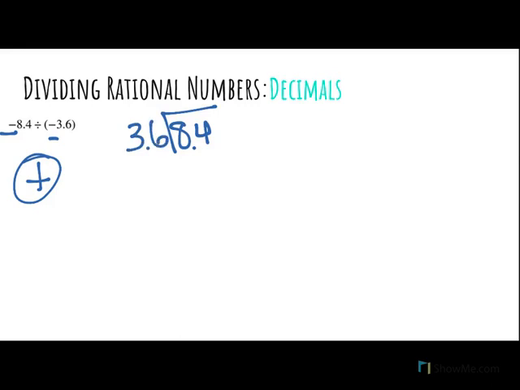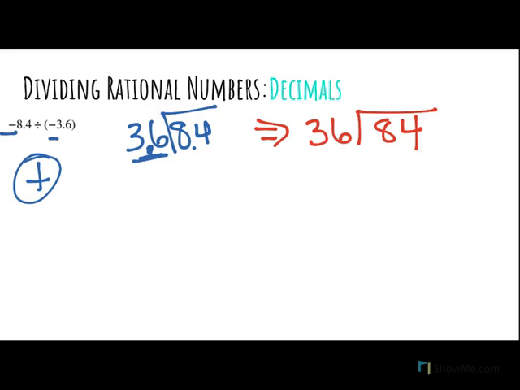Now this number out here, we never want that to be a fraction. So how can we change that? Well, in math, we can do anything we want as long as we do it to everything, right? So if I move the decimal one spot here, that's cool as long as I do it here as well. So I'm going to rewrite my 3.6 and 8.4 as 36 and 84.